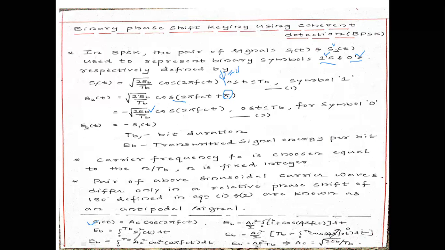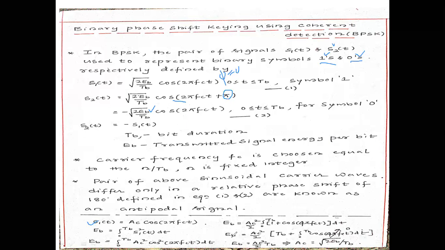Since the amplitude is constant, let me take Ac square outside the integration. And cos square 2 pi fct, which is in the form cos square theta, can be written as 1 by 2 times 1 plus cos 2 theta. So cos square 2 pi fct can be written as 1 by 2 times 1 plus cos 4 pi fct.